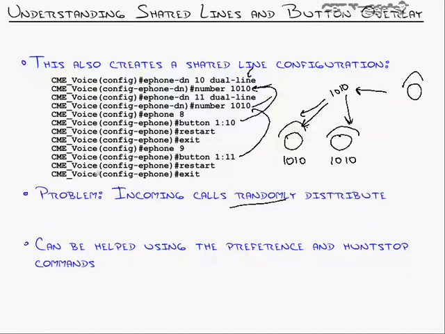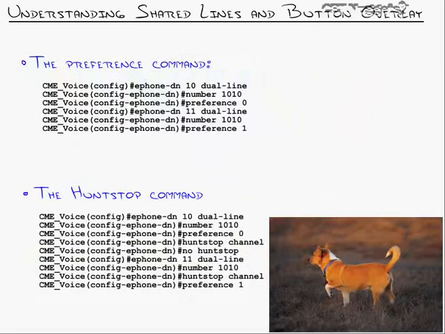And we can get some control over this randomized algorithm using what's known as the preference and hunt stop commands. If the random algorithm was a little too random or strange for me, I could go underneath each one of those ePhone DNs, 10 and 11, and assign them preferences. The router will allow you to choose preferences from 0 through 9, so up to 10 different preferences that you can set.